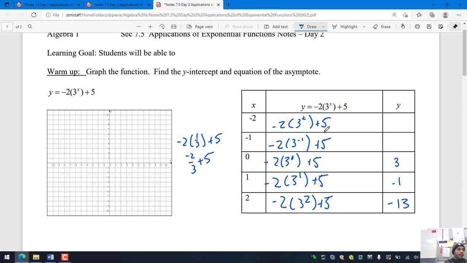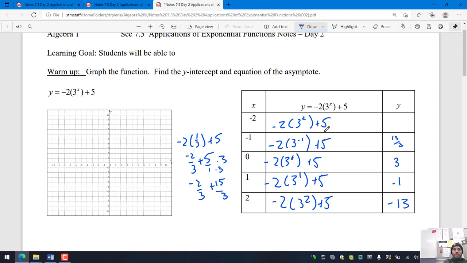We have to get a common denominator. So I put 5 as 5 over 1, multiply the top and the bottom by 3, so what I'm really doing is adding 15 over 3. Then I can just add straight across once I have that common denominator. Negative 2 plus 15 is 13 over 3.